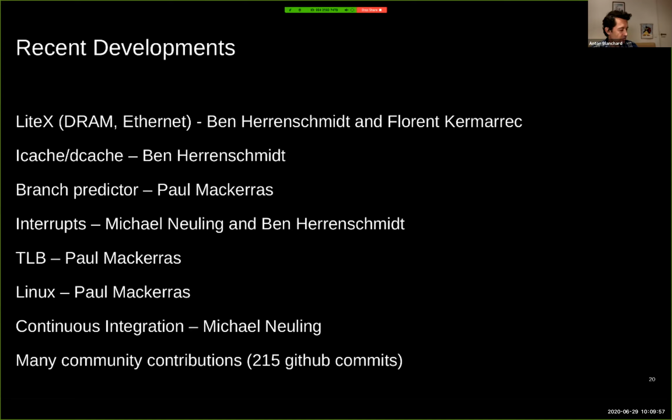Another key component of what we've been doing is continuous integration. I mentioned the fact that we link in with the GitHub CI. So basically every commit that goes through has an automatic set of tests. We know we're not going to break the mainline when you decide to pull something in. And on top of that, we've had many community contributions.